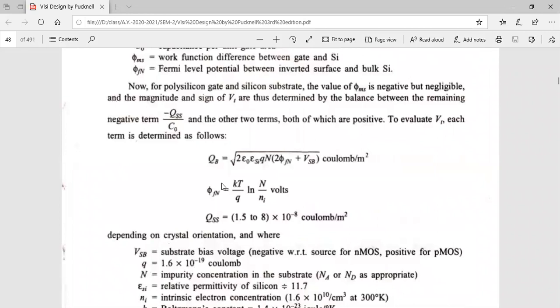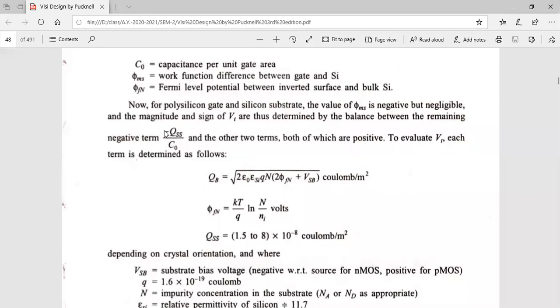Phi MS, you can also see the magnitude balancing between the remaining negative term, that is phi FSS by C. So different parameters appear in the equation.